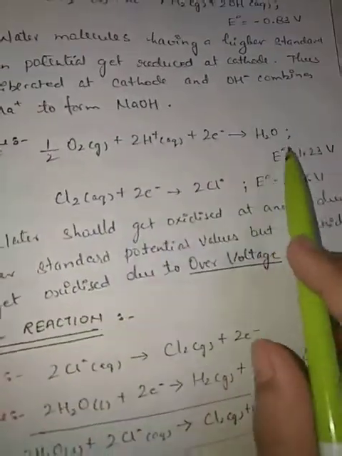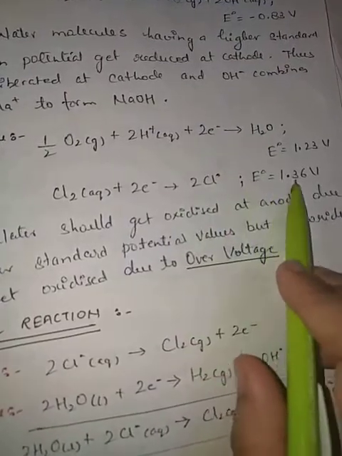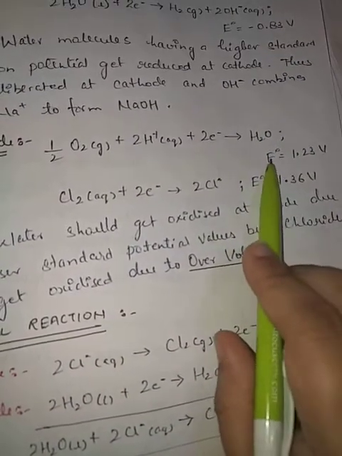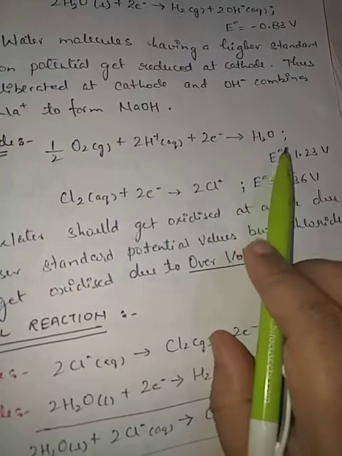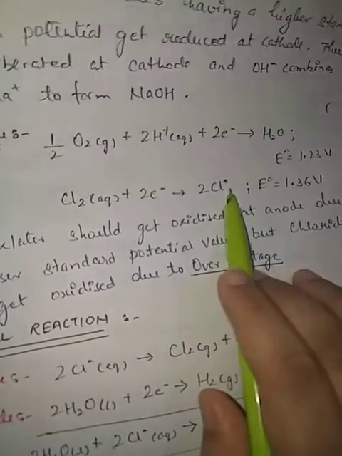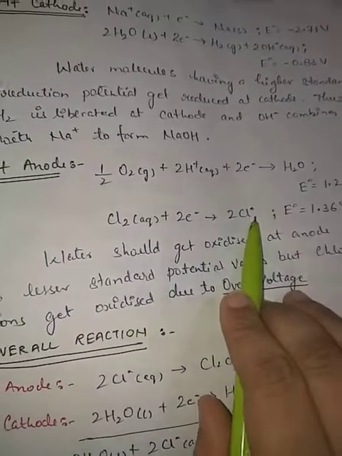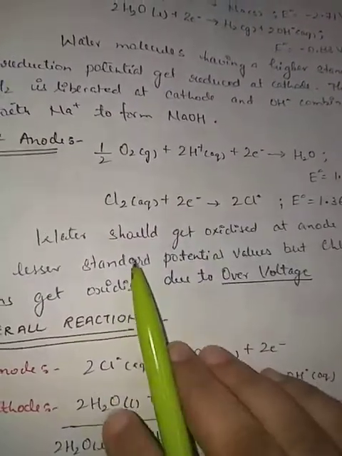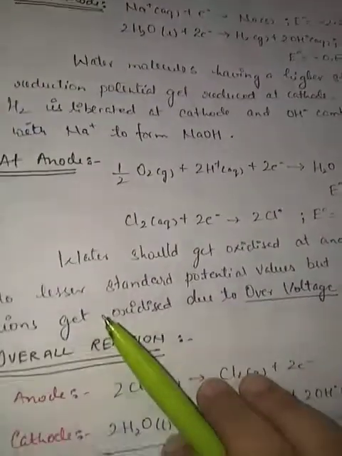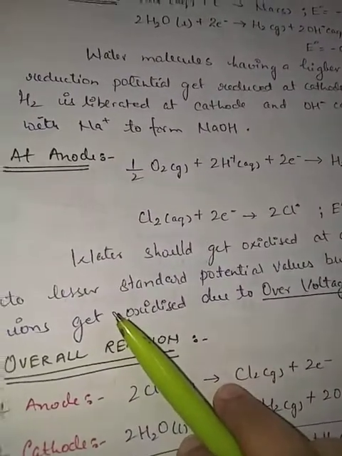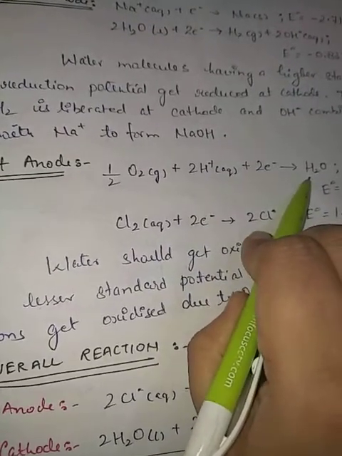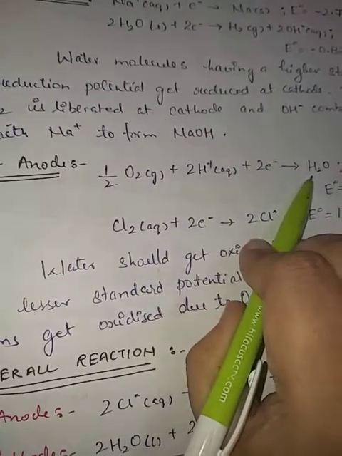But here something happens, because of which water should be collected there, but instead of water, the chloride gets oxidized there. For water to be collected at the anode, it needs a very large amount of voltage.